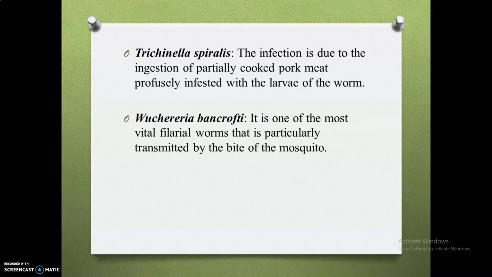The infection is caused due to the ingestion of partially cooked pork meat which is profusely infested with the larvae of the worm. Wuchereria bancrofti. It is the last one. It is one of the most vital filarial worms that is particularly transmitted by the bite of the mosquito.